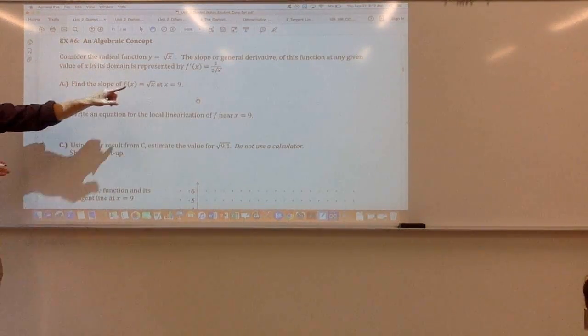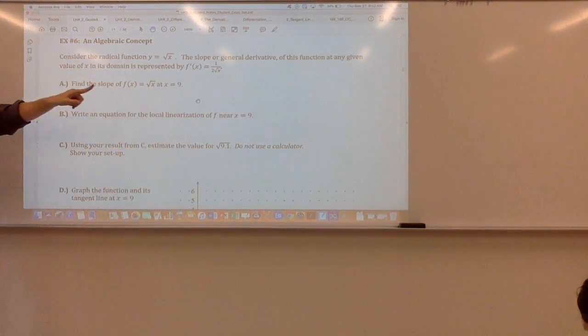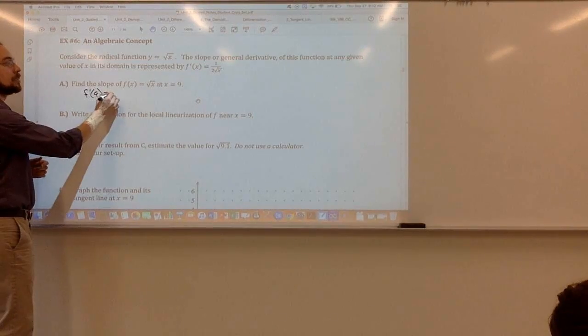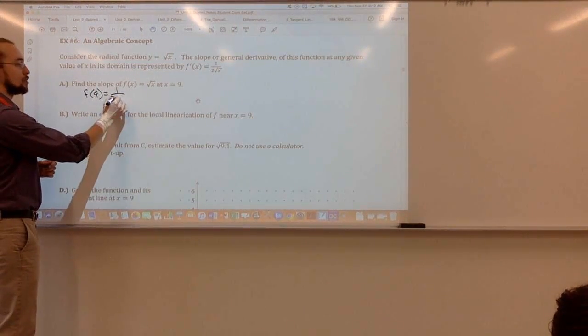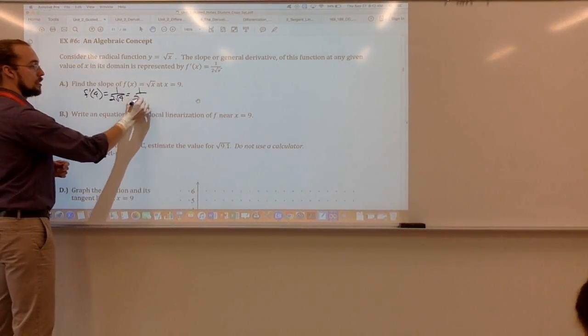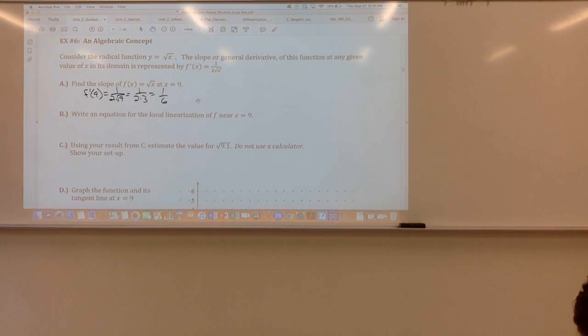Knowing that this is the derivative, how would I find the slope of this function at 9? We're going to plug 9 into the derivative. So I can say f prime of 9 equals 1 over 2 times the square root of 9. So I get that my slope is 1 over 6.